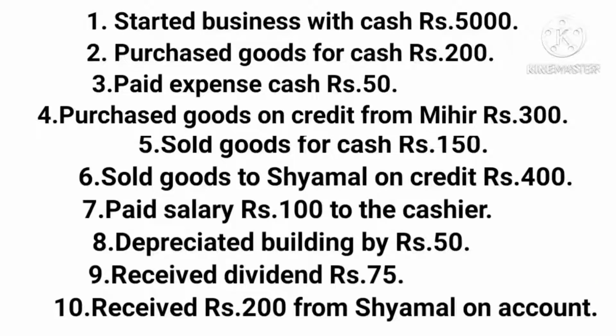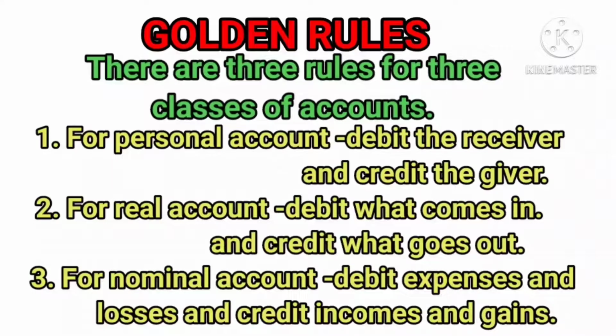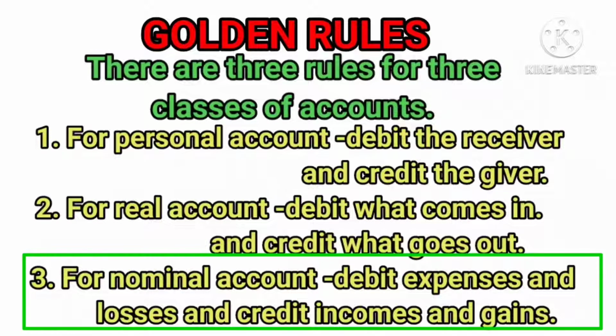Number 4, purchase goods on credit from Mohit rupees 300. Here we see 2 aspects. One is purchase as an expense and nominal account, and all expenses will be debited, and other aspect is Mohit.